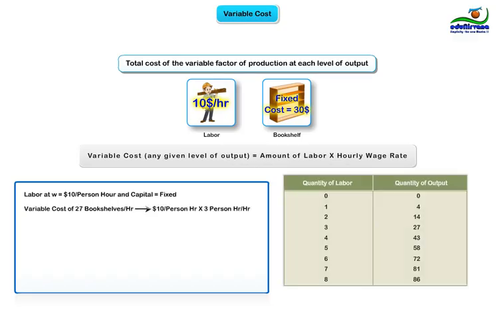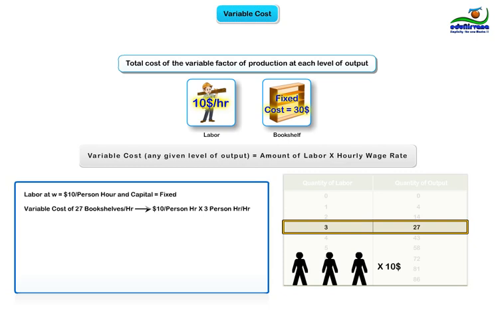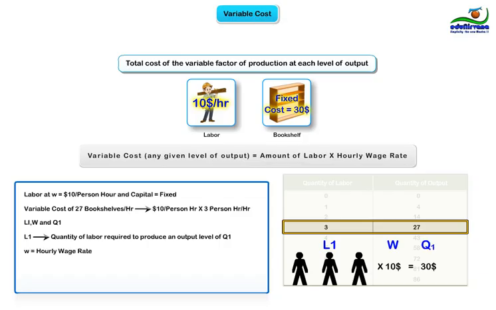Thus, the variable cost of 27 bookshelves per hour is $10 per person hour multiplied by 3 person hours per hour, equal to $30 per hour. More generally, if L1 is the quantity of labor required to produce an output level of Q1 and W is the hourly wage rate, we have VC(Q1) equals WL1.